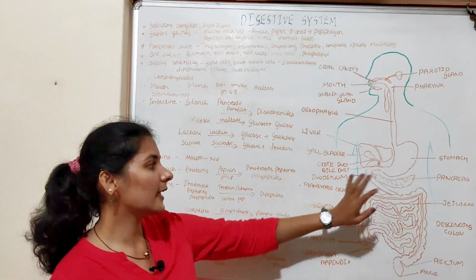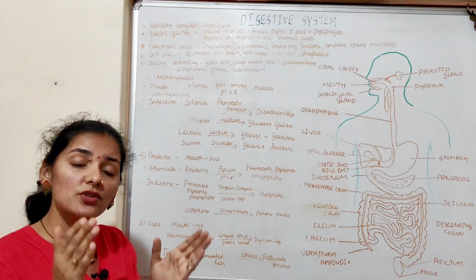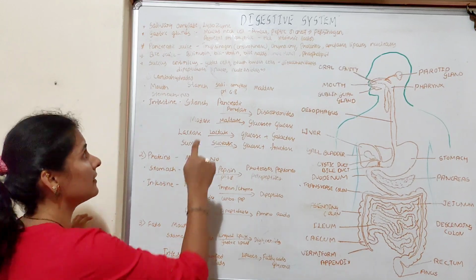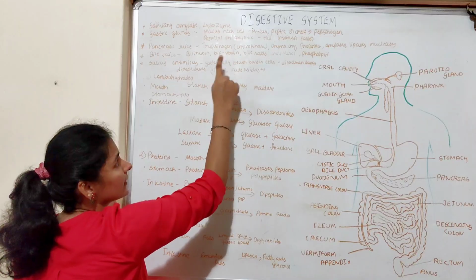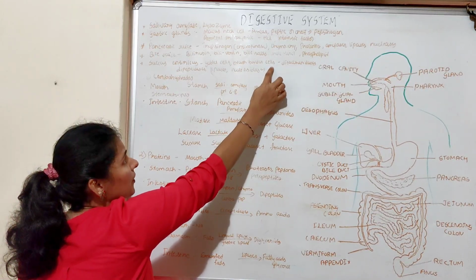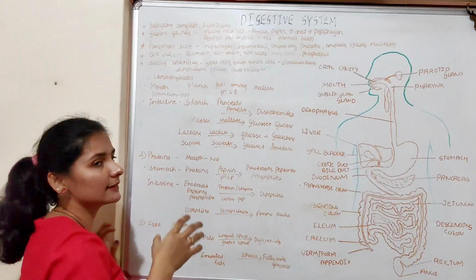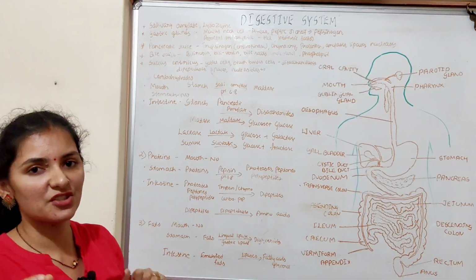Third one is intestinal juice, which is also known as succus entericus. The mucosa layer of the small intestine consists of different types of cells known as goblet cells and the brush border cells. Goblet cells produce mucus, and the content of the brush border cells along with the goblet cells, that is mucus, is known as succus entericus or the intestinal juice.